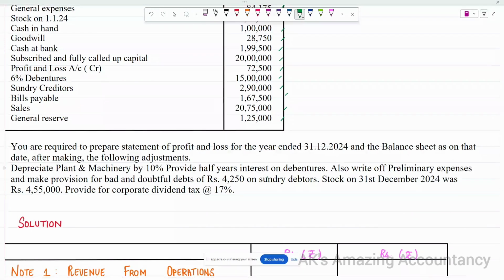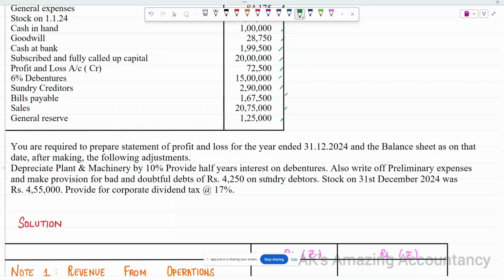You are required to prepare statement of profit and loss for the year ended 31/12/2024 and the balance sheet as on that date after making the following adjustments. Depreciate plant and machinery by 10%. Provide half year's interest on debentures.